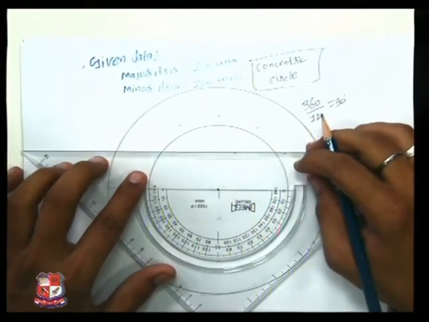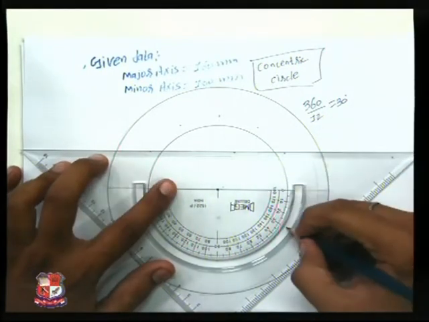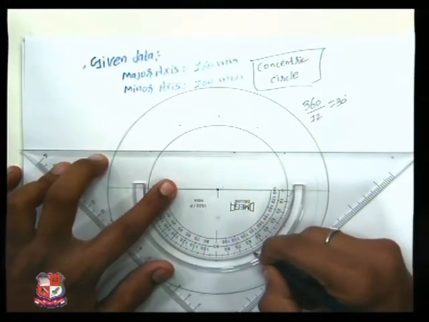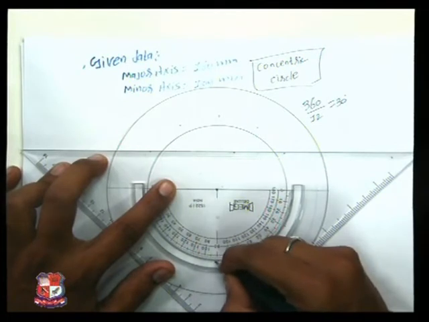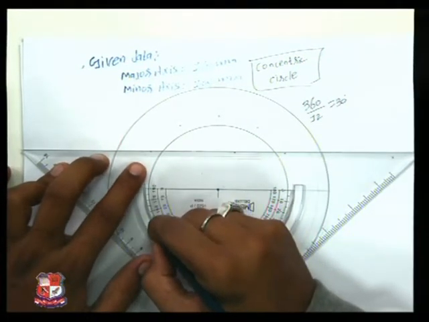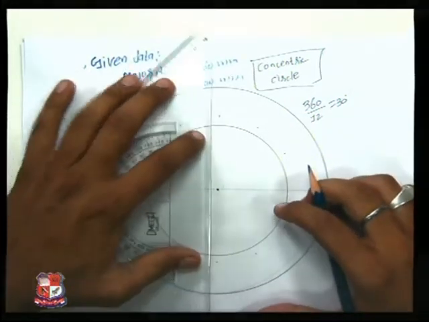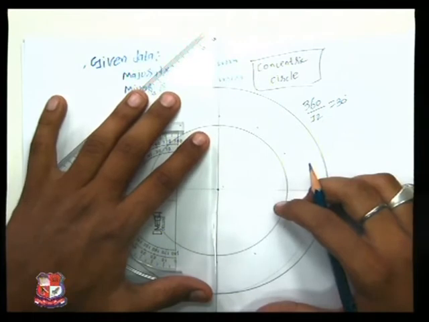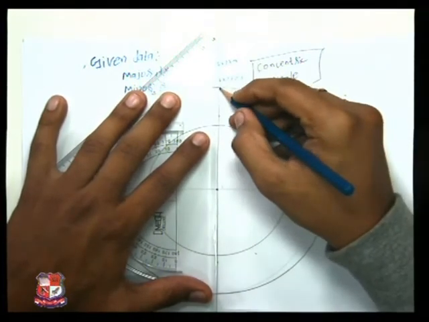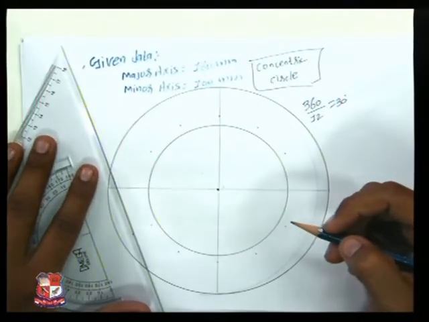Again on this side also. 30, 60, 90, 120, 150 and 180. Joining them with very thin lines.